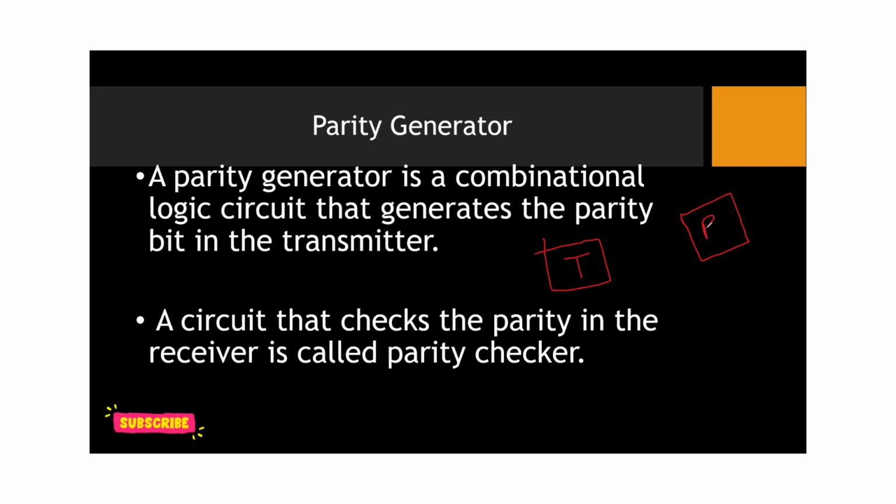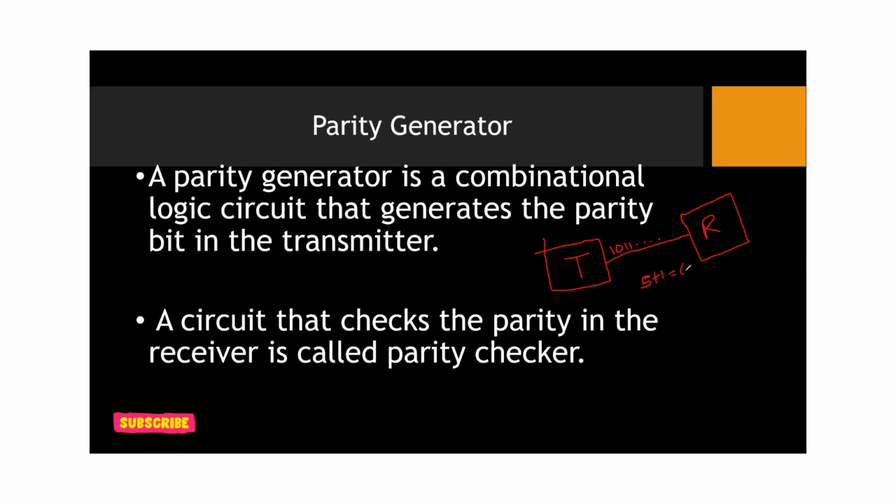Suppose we have a transmitter and receiver and we are sending the bits like this. Our data is in the form of ones and zeros. The number of ones you are sending to the receiver, you should know. If the number of ones is, suppose, 5, I can add one more to this and send it so that it is now even.